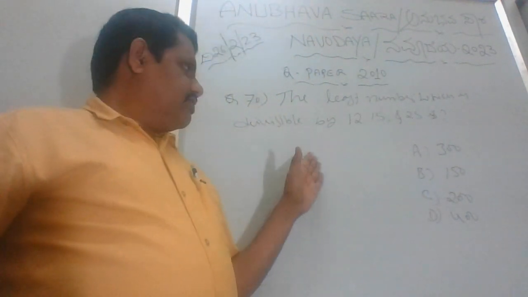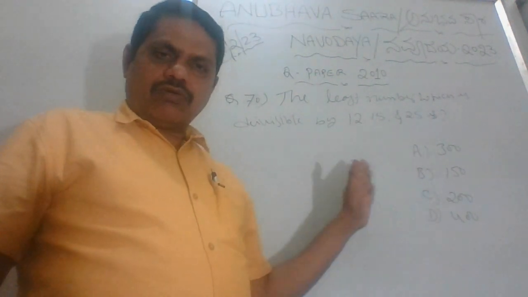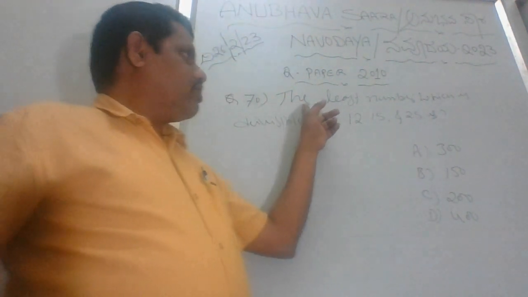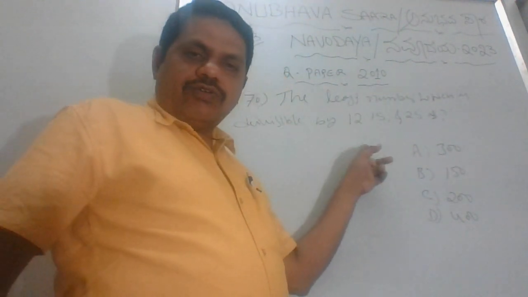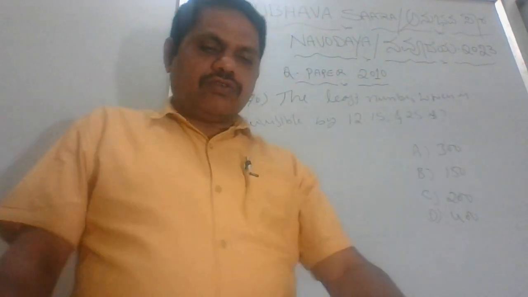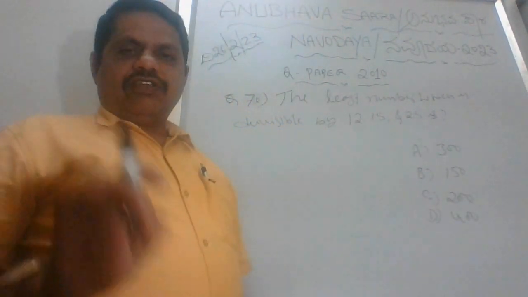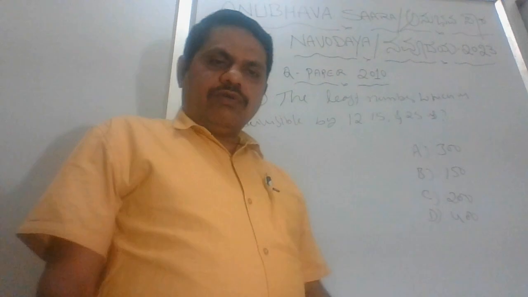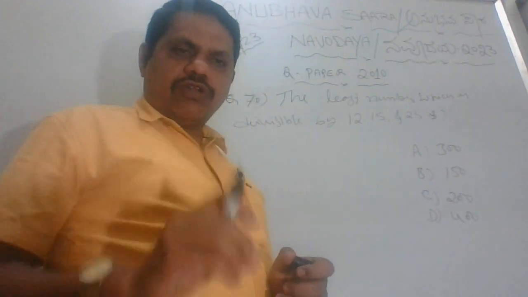I hope you have clarity about the question. I'll explain once again. The least number which is divisible by 12, 15 and 25 is, yes, the question is correct. Here we can use small common sense.